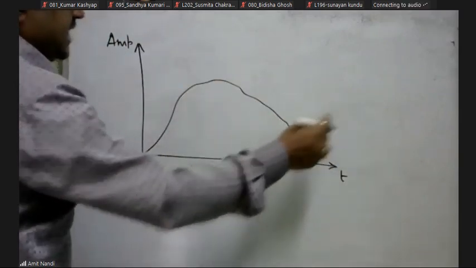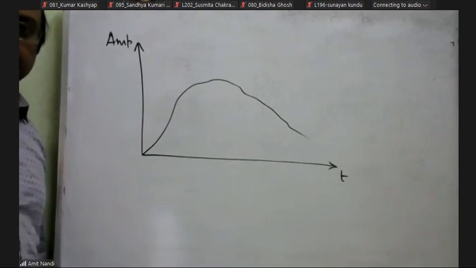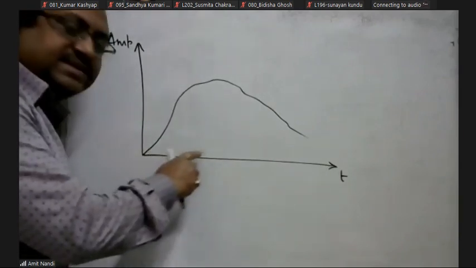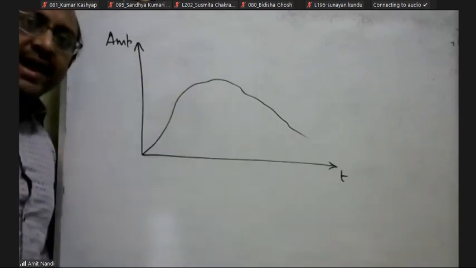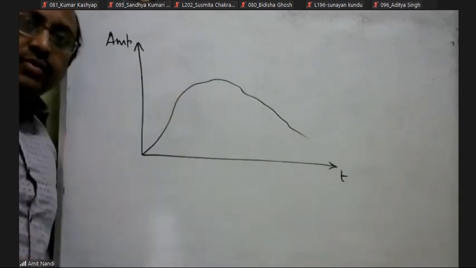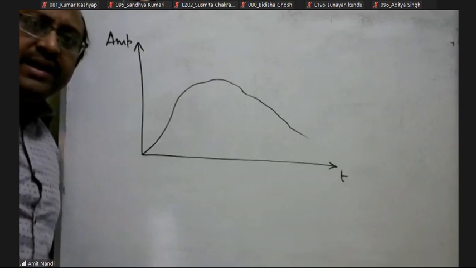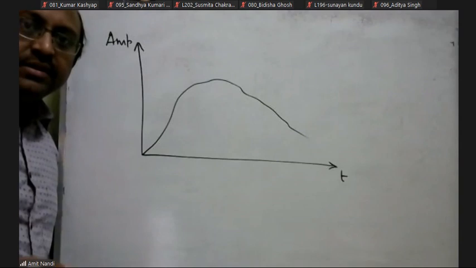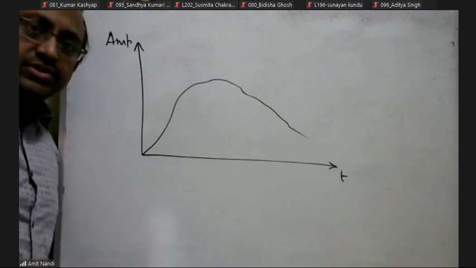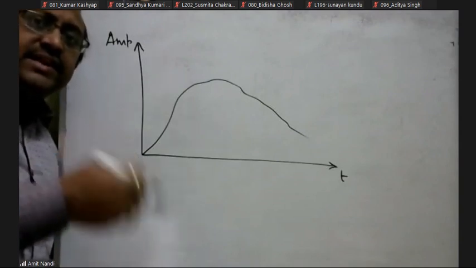We can say that this is an analog signal, because at every instant of time the signal has some particular amplitude, and amplitude can take any value. It does not matter; it does not take only 2, then 3, then 4, like digital. It can take any value at every instant of time.